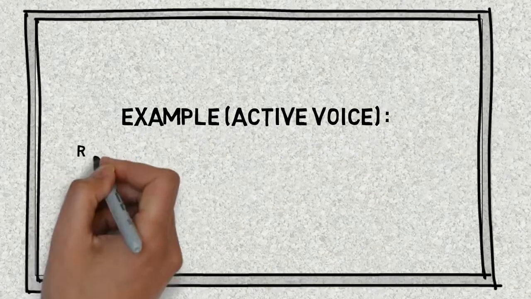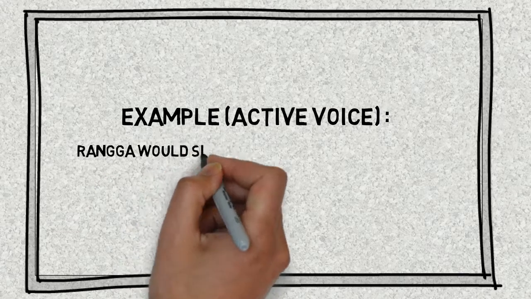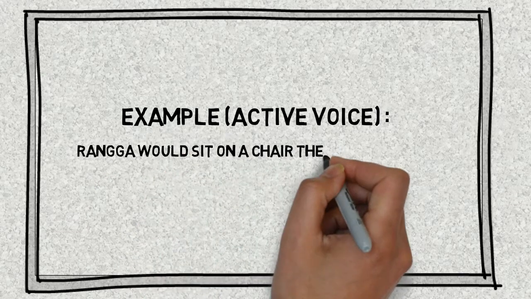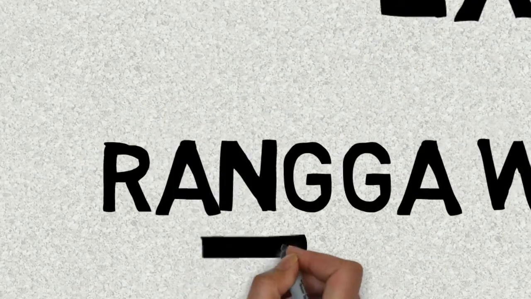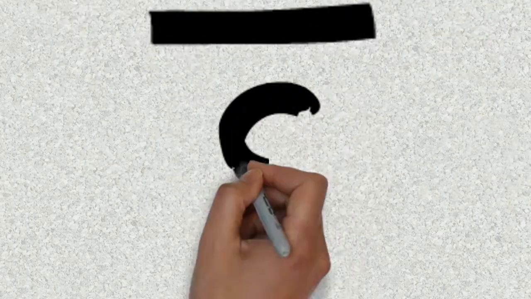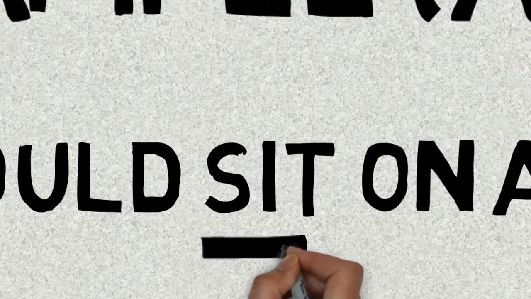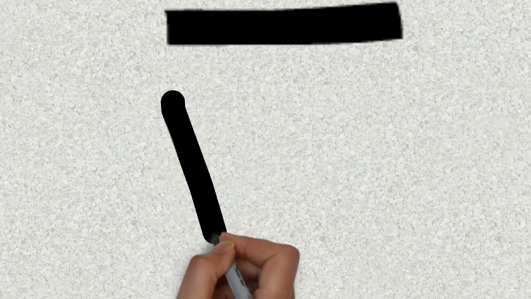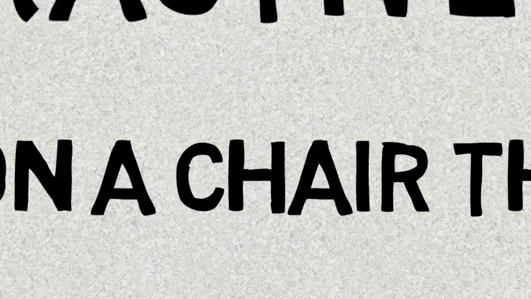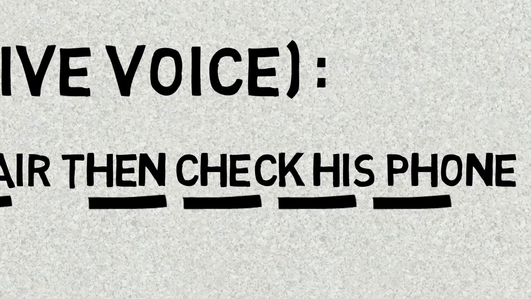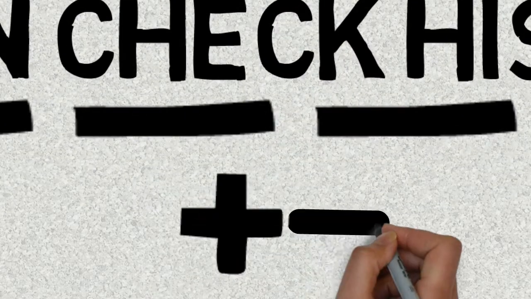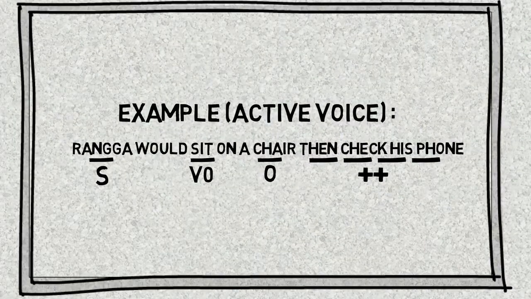Example in the active voice. Rangga would sit on a chair then check his phone. Rangga is the subject, sit is the verb 0, chair is the object, and check his phone is the informal information.